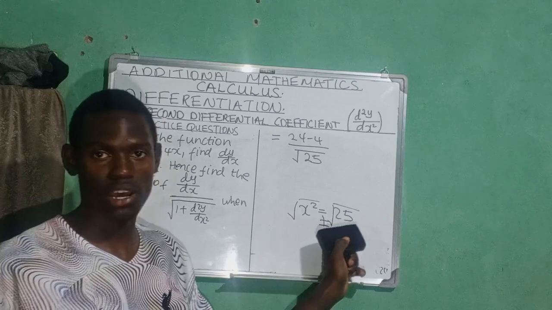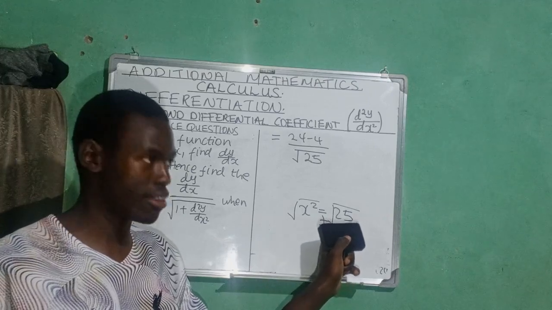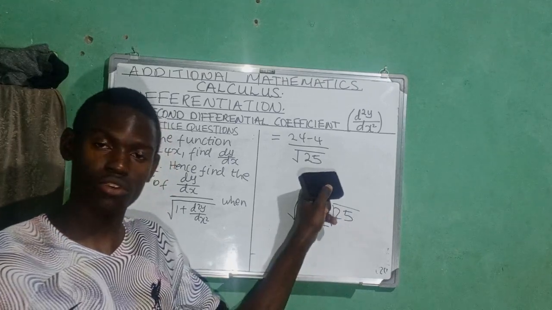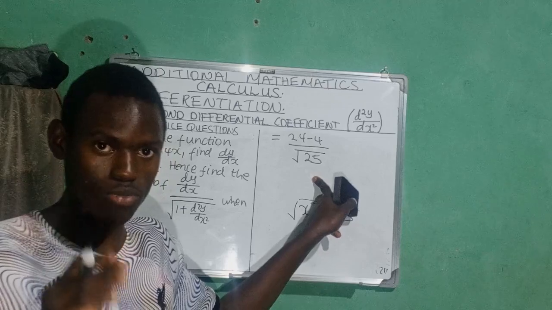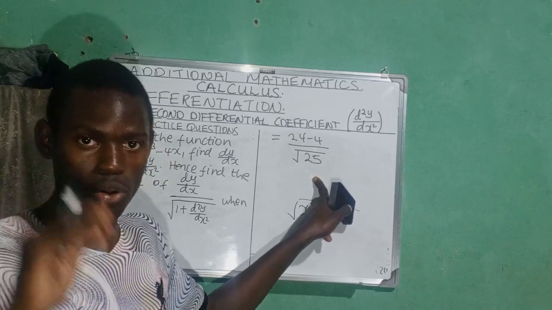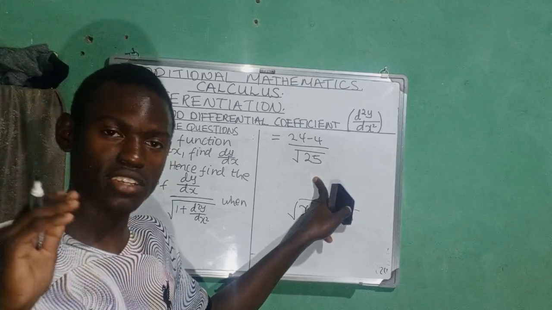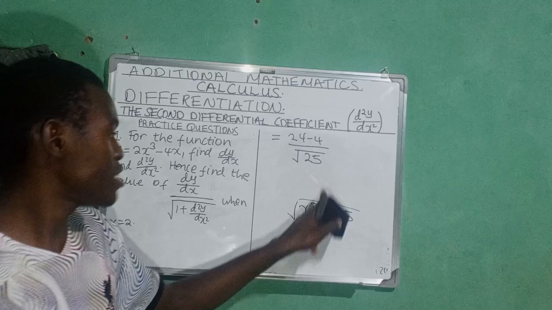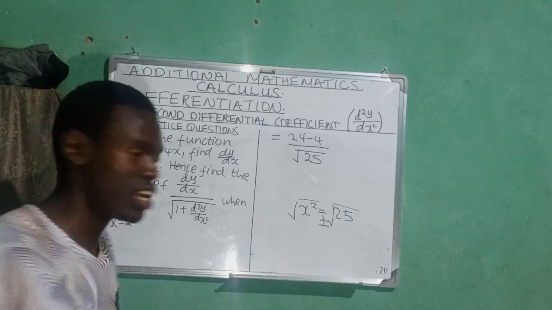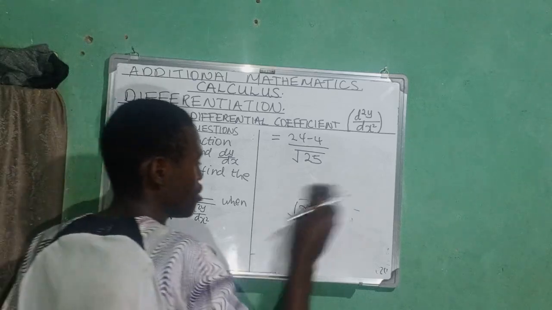Here we are taking the square root of the number, but in this case, because we're not solving an equation, we only want the positive root. We don't want the negative root. So we'll not divide by -5. We'll just divide by +5. You only do that if it was an equation like that, a quadratic equation.